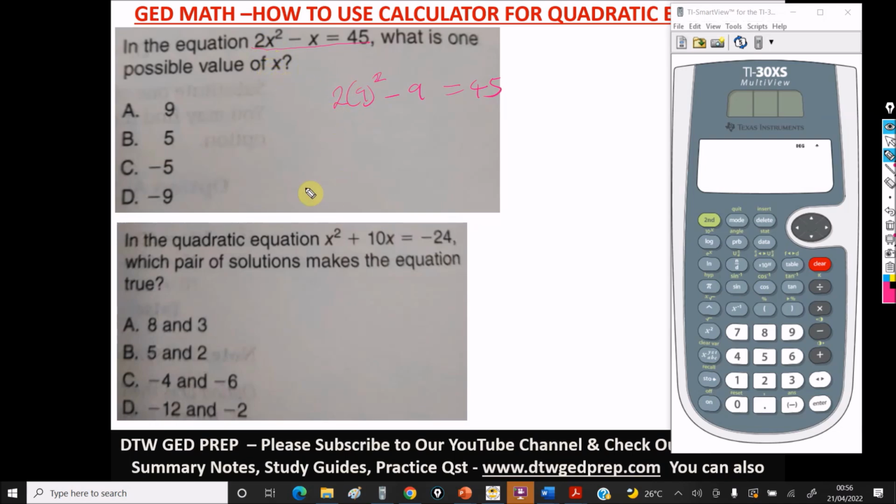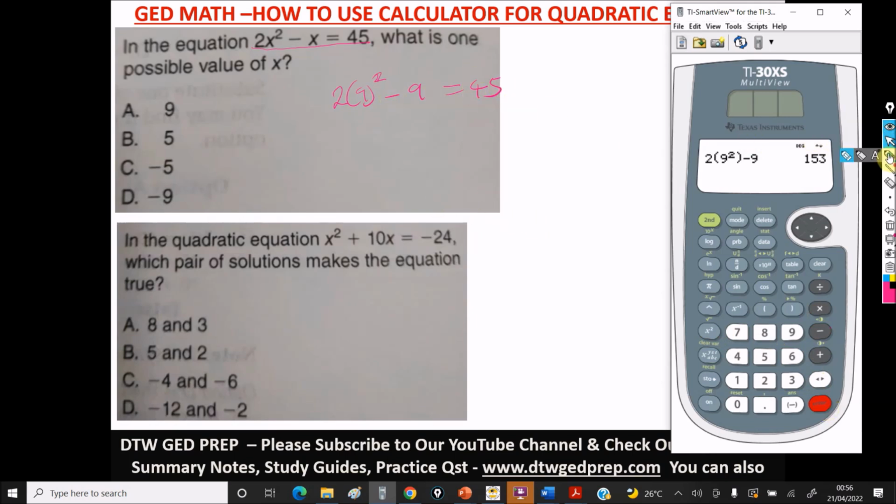So now let's use our calculator. All you need to do is come here. We have 2 in parentheses 9, square, close the parentheses, then minus 9, enter. This gives us 153.